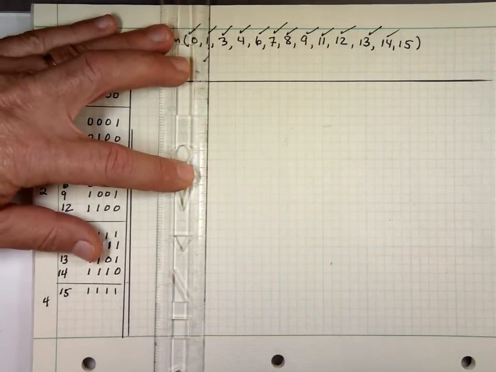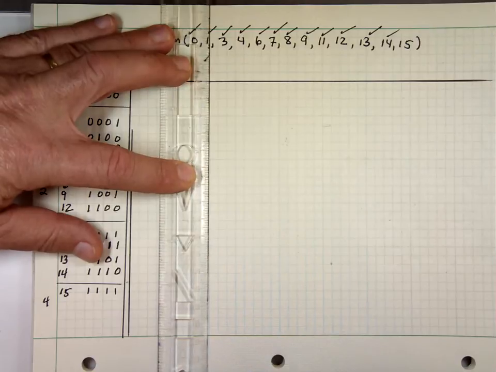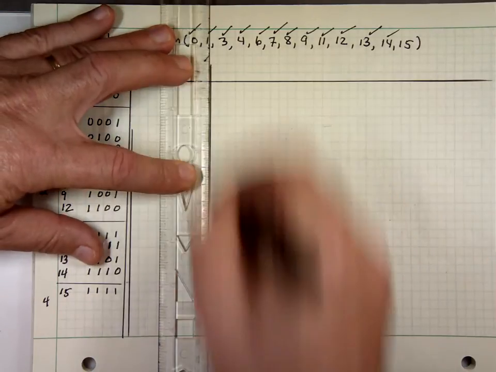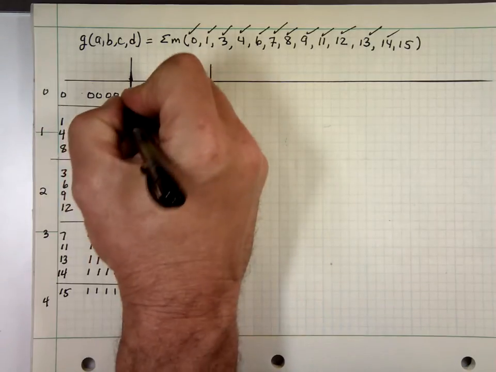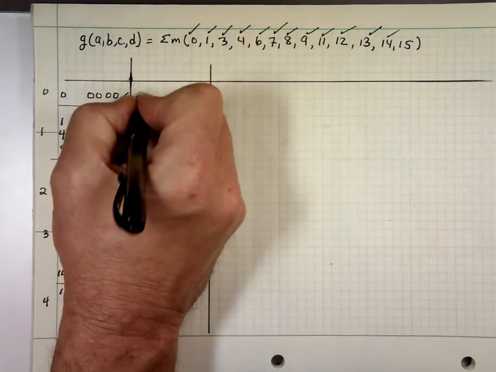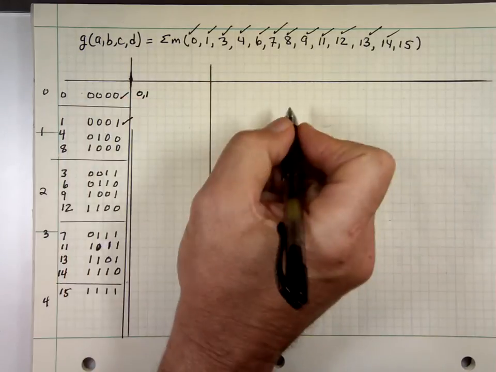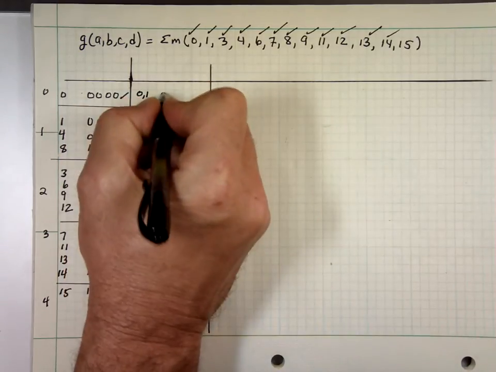Now the next group. And I have a feeling I'm going to need longer paper, so we'll see. How about the 0 and 1? 0, comma 1. Is that 0, 0, 0 dash?